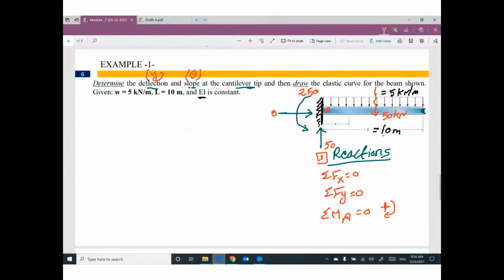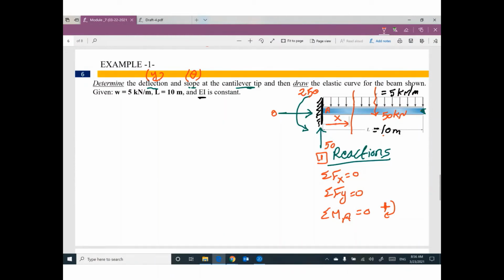Second step: I will do a cut. Where? Anywhere, at any location as you like. This location will be at distance x.